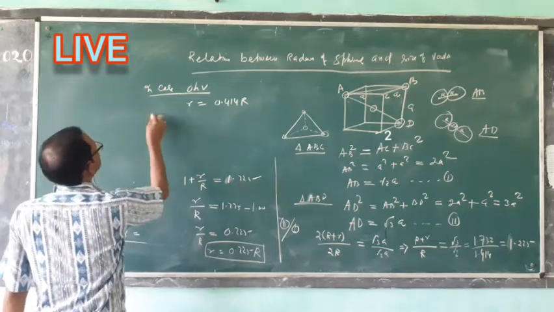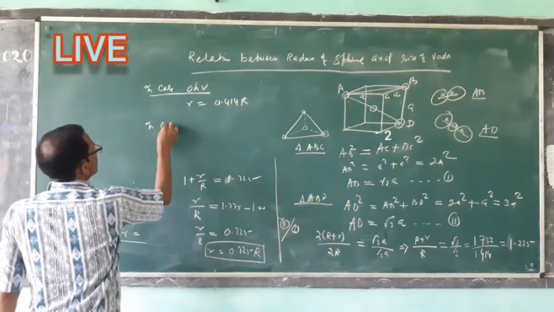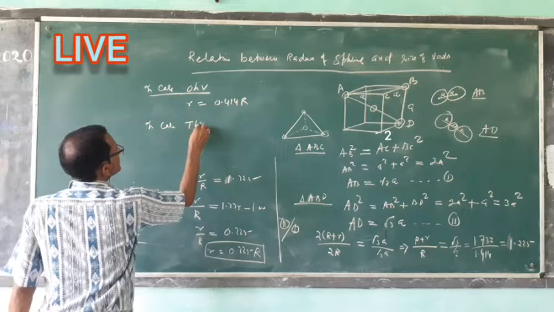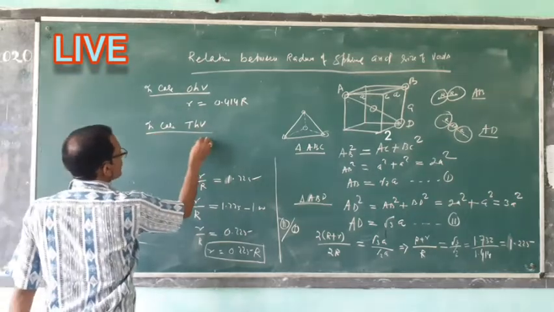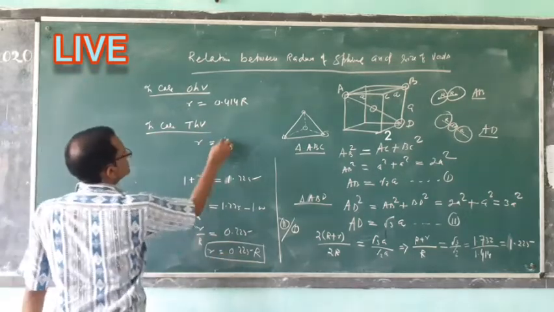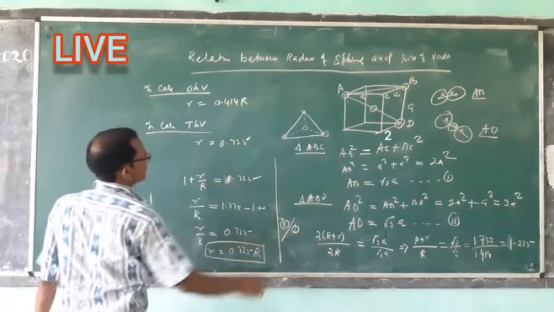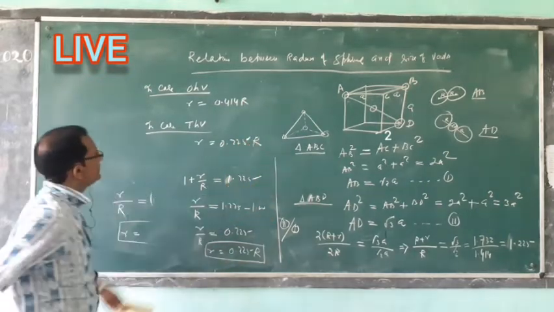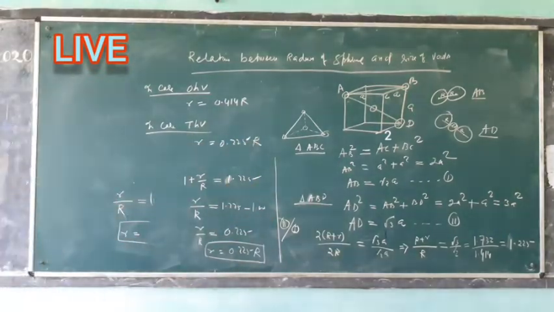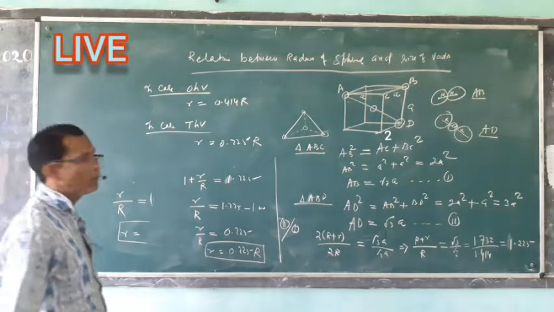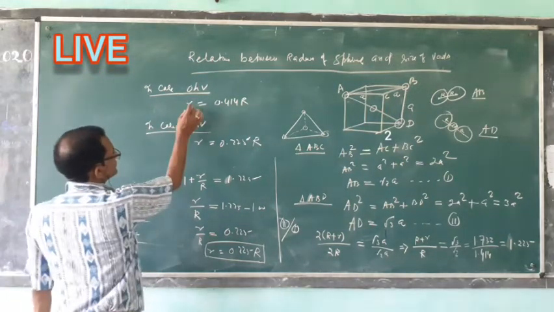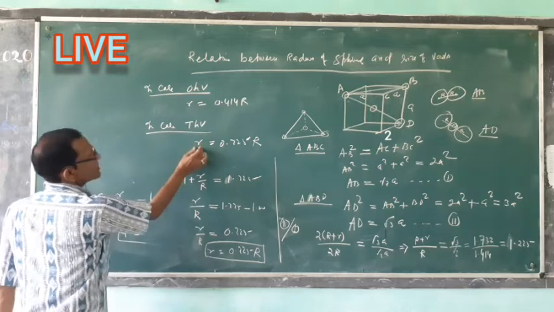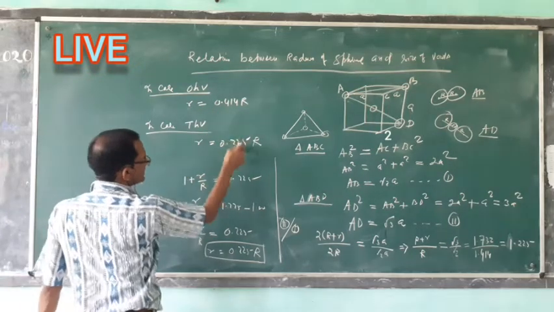And here in case of tetrahedral voids, your small r is equal to 0.225 capital R. If you compare these two, which is greater? This is the octahedral void, this is the tetrahedral void.